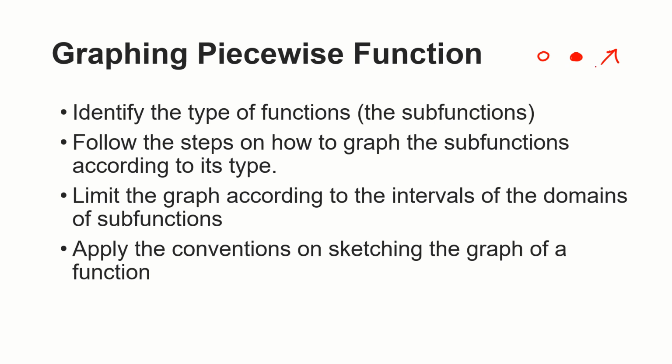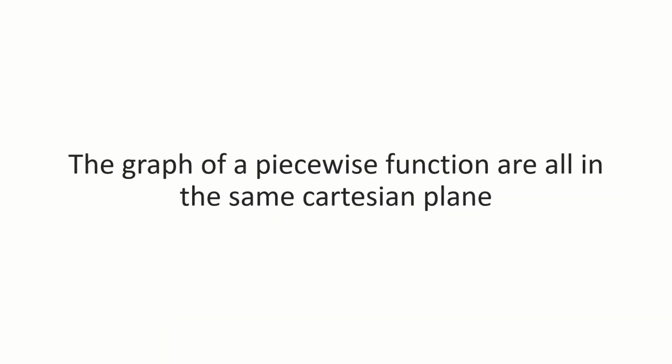So we need to review the different conventions of graphing a function. And then don't forget to label each graph, because we have different subfunctions, so different graphs represent different functions. So the graph of a piecewise function are all in the same Cartesian plane.